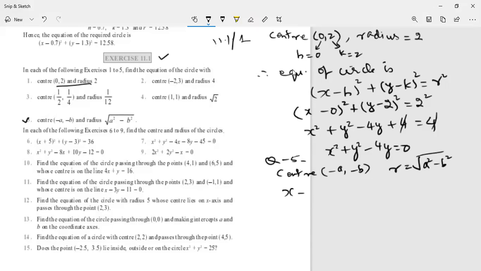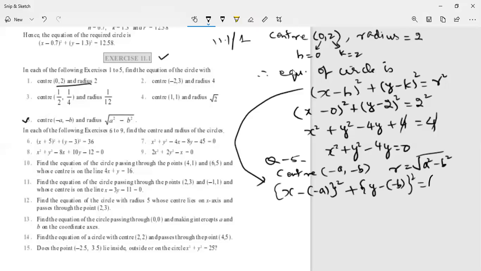So our formula will be (x minus h) whole square, the same formula we are using, plus (y minus k) whole square, where k is minus b, is equal to r square. r is under root a square minus b square, whole square. So it will become (x plus a) whole square plus (y plus b) whole square is equal to, and the square root will cancel, a square minus b square.